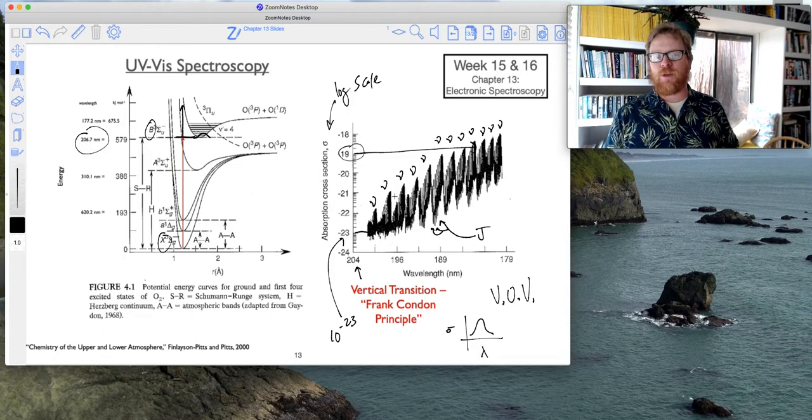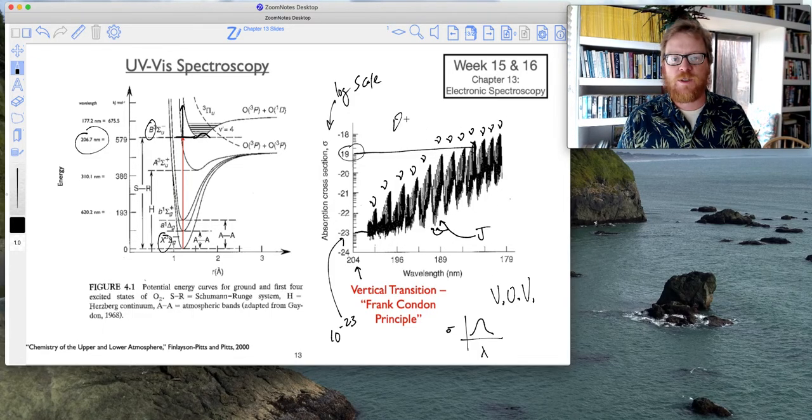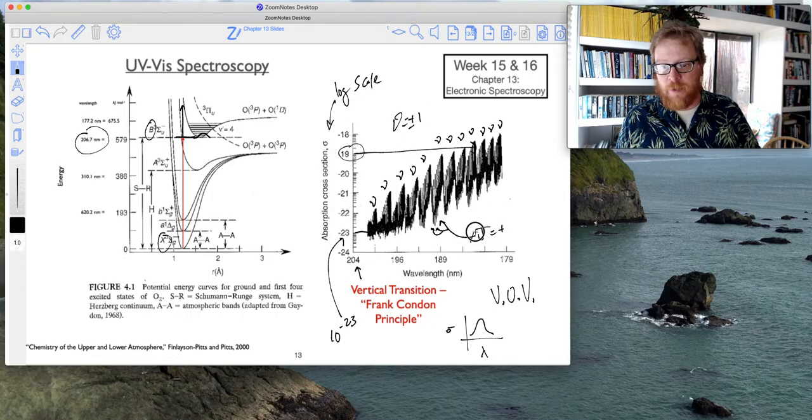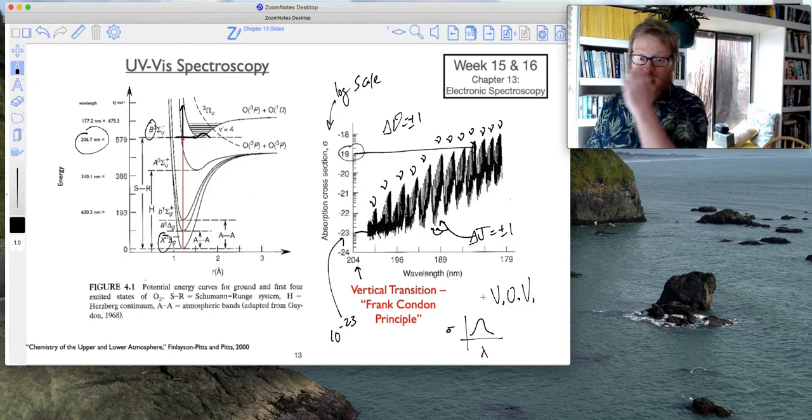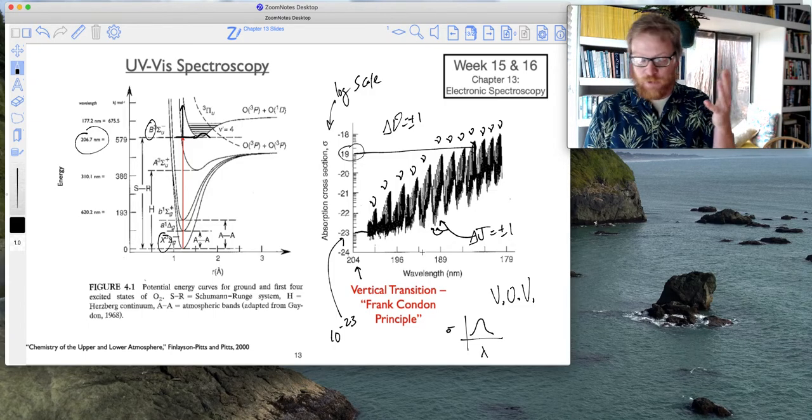And of course, what we're seeing on these levels is that v changes by plus or minus 1, and we're also seeing J change by plus or minus 1, because those are the allowed rules, right? And that's why we have so many of these lines in this UV-Vis spectrum.